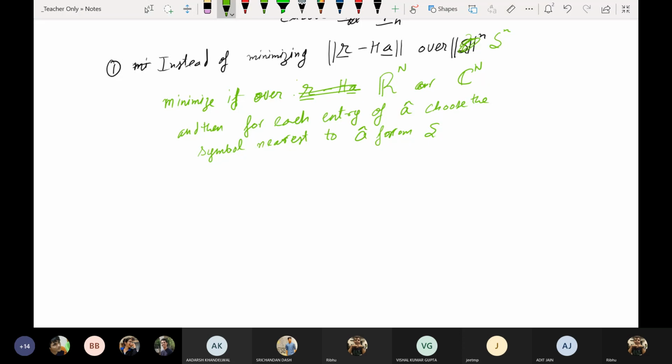S to the power n is a discrete set. So we have the combinatorial problem of choosing one out of the exponentially many solutions, right? So it will become clear to you. Or rather, I would give you the example of JEE.